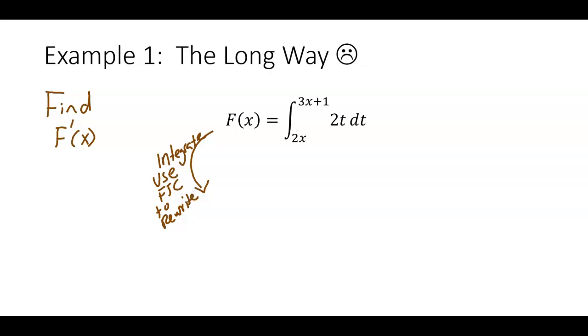So I want to rewrite this problem using the fundamental theorem of calculus, and that requires integration. So I'm going to integrate this. If I integrate 2t, what do I get? I would get t squared, right? And you put your limits out here.